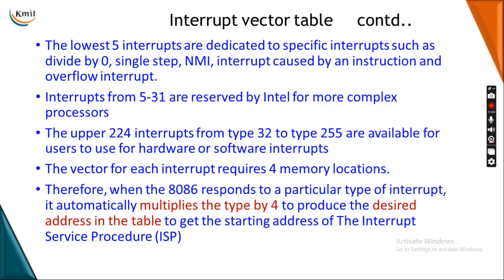The lowest 5 interrupts are dedicated to specific interrupts: divide by 0, single step, non-maskable interrupt, interrupt caused by an instruction, and overflow interrupt. If there is a divide by 0 error, it raises an interrupt. Interrupts 5 to 31 are reserved by Intel for more complex processes.